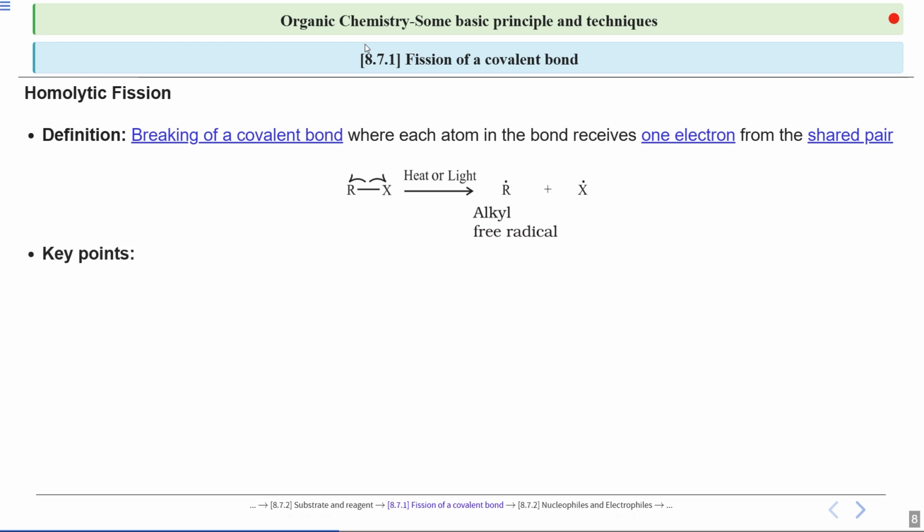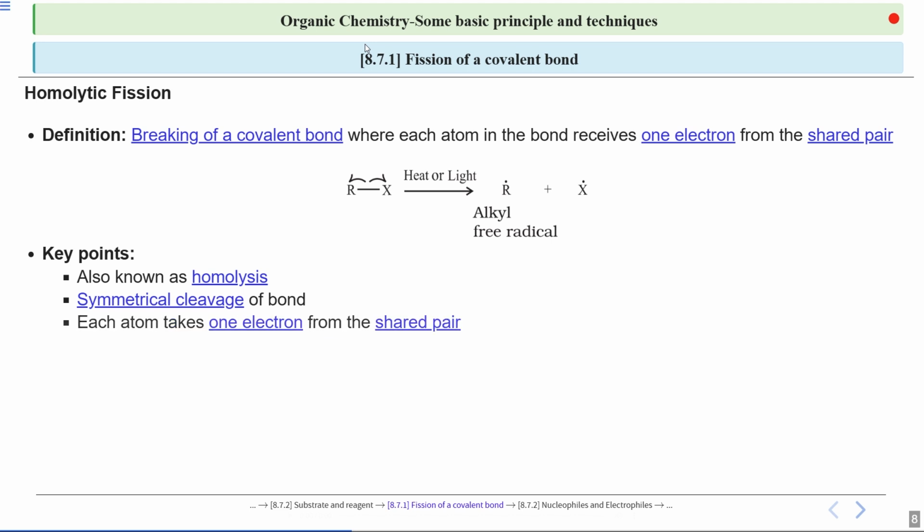So what are the key points that you can derive from here? The first thing is that the bond is broken homolytically because each of the species is getting one electron. You can call this homolysis also. Since the electron distribution is done in an equal manner, you call it symmetrical cleavage of the bond, where each atom is getting one electron from the shared pair. Shared pair means the bonded pair.